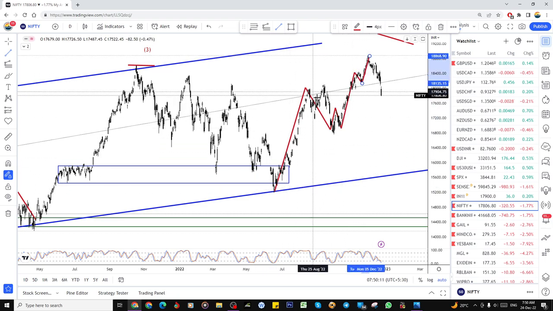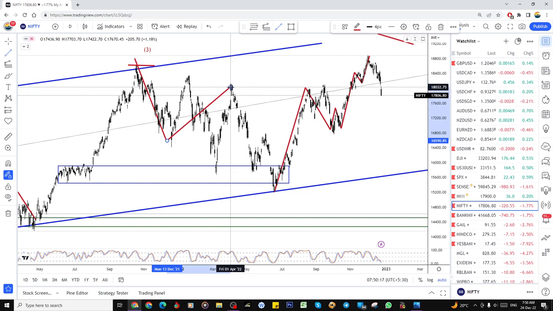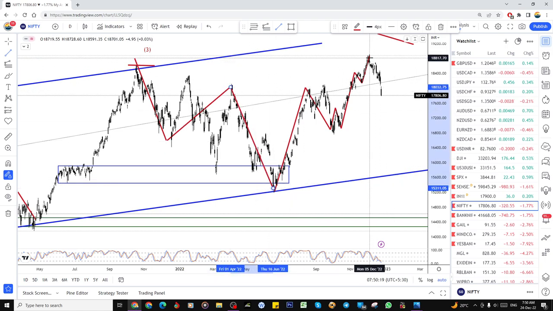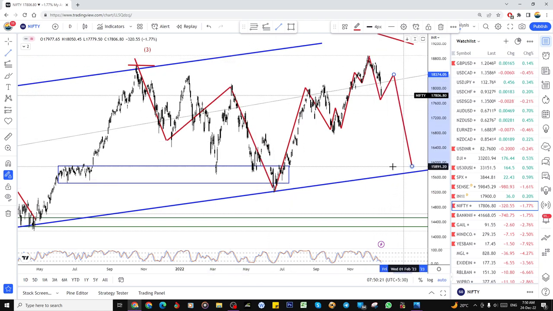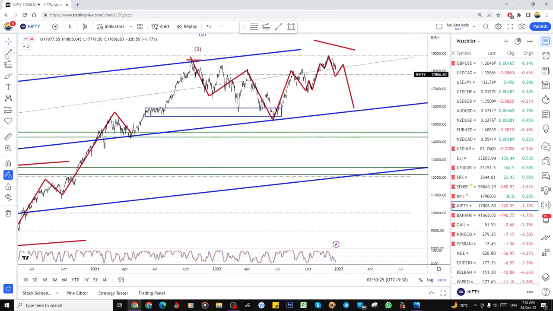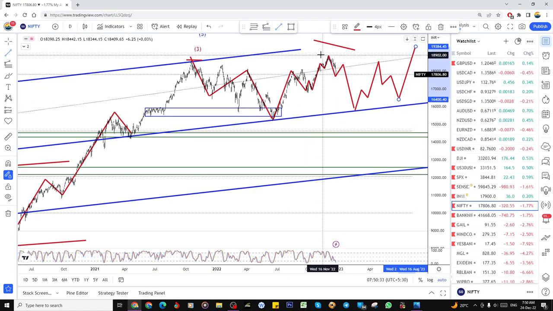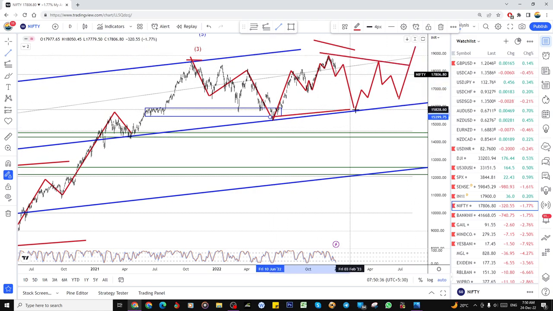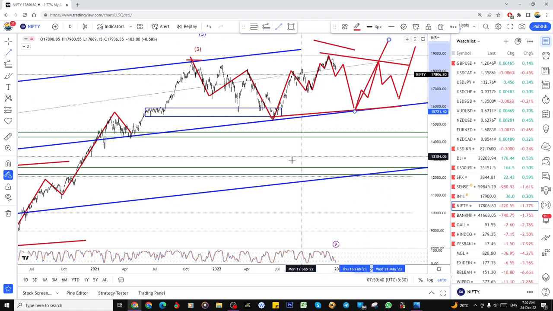This is also the 5-wave structure, and this is A, this is B and C. So this is going to be the A, this is the B and C, and we need one more A, B, C. Whether it is going to be an irregular flat pattern or it is going to be a triangle.